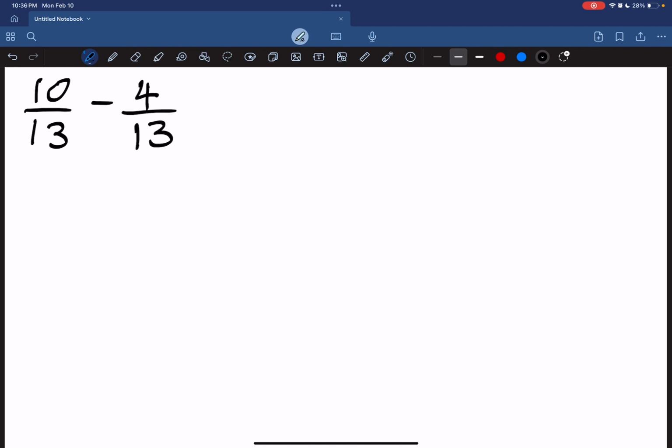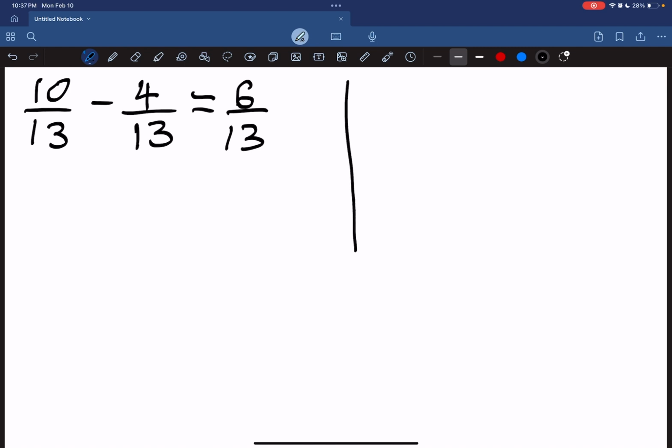So addition and subtraction follow the same concept. Once the denominators are the same, all you need to do is keep the denominator and subtract the numerator. 10 minus 4 is 6. This cannot be reduced, so that would have been our final answer.